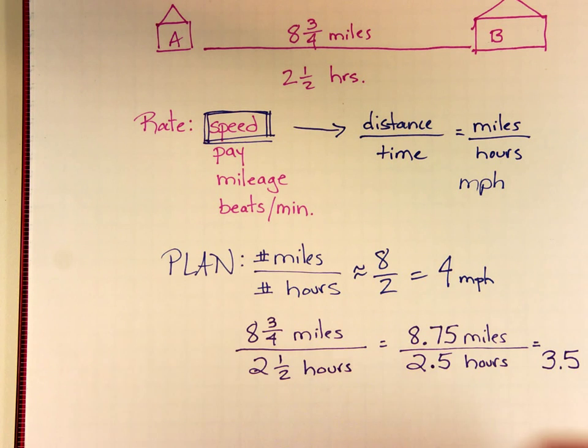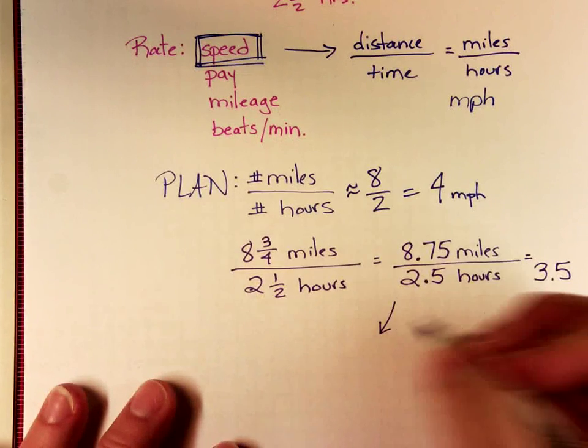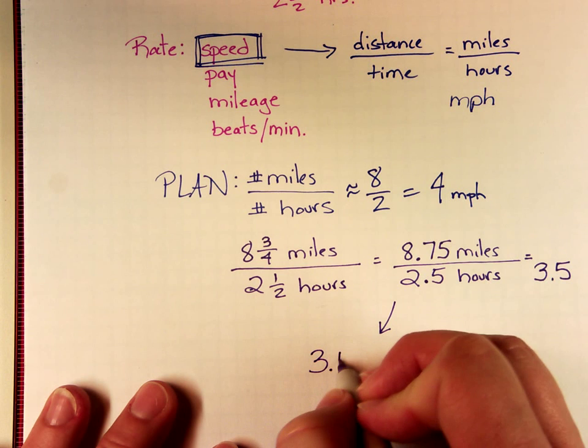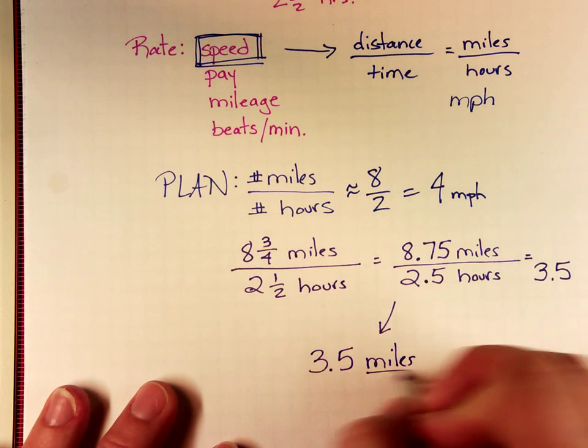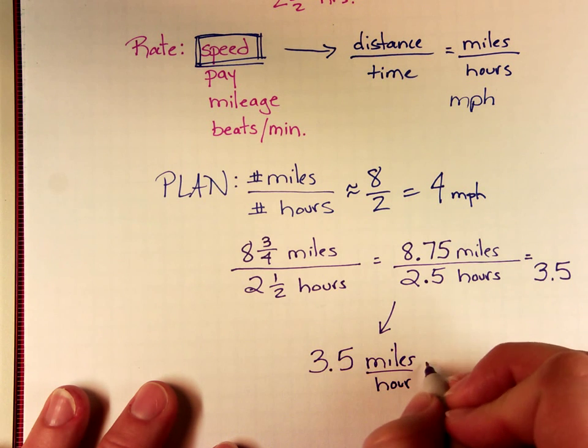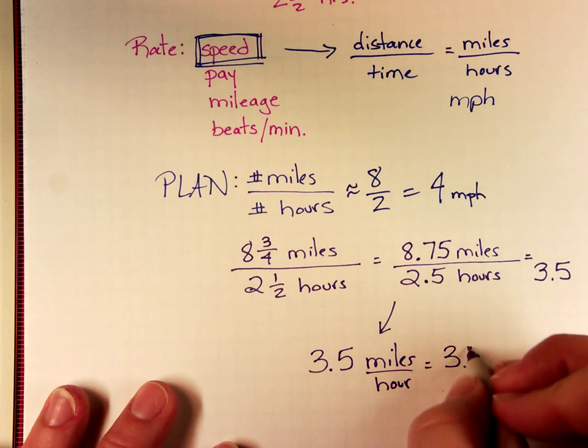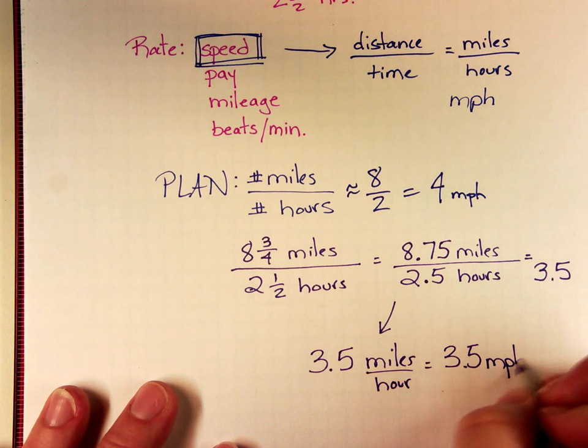I'm going to move it down here just to give us more room to talk about it. 3.5 miles per hour. And you can also write it like this, 3.5 miles per hour.